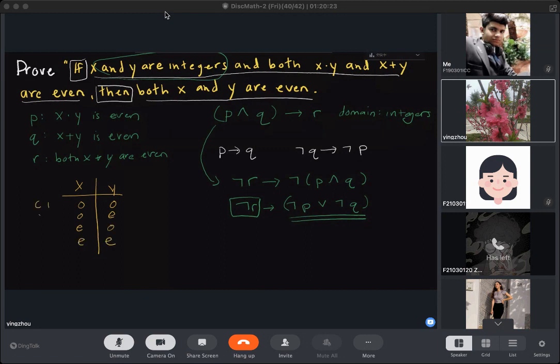So you might say, okay, cool, we've got 4 cases, let's get started. But that's not quite the case. I'm assuming not R. R says both x and y are even, so I'm assuming that's not the case. I'm going to assume case 4 is not a possibility. So that leaves me 3 cases.